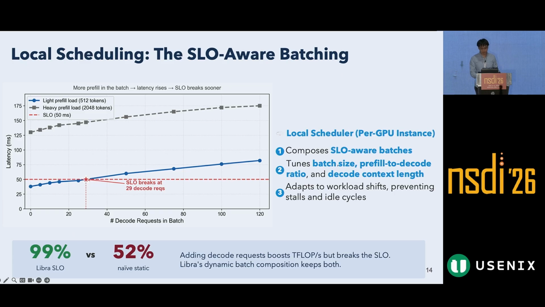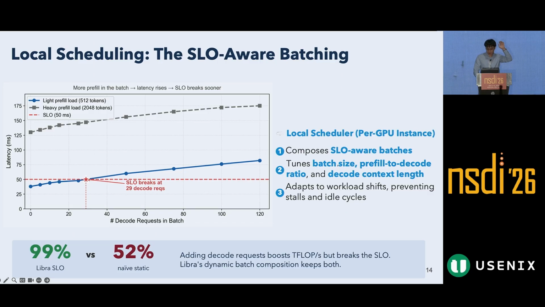Once micro requests arrive at the GPU, the local scheduler decides what goes into each batch. The chart shows latency on the y-axis as we add more decode requests to a batch. The blue curve is a batch with a light prefill load, 500 tokens. The dashed gray curve is a heavy prefill, nearly 2,000 tokens.